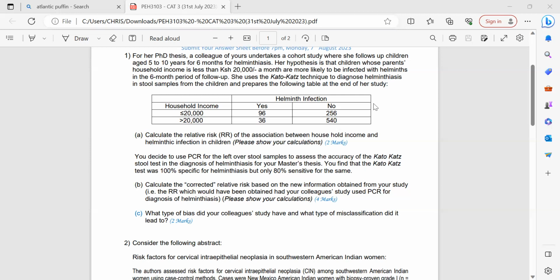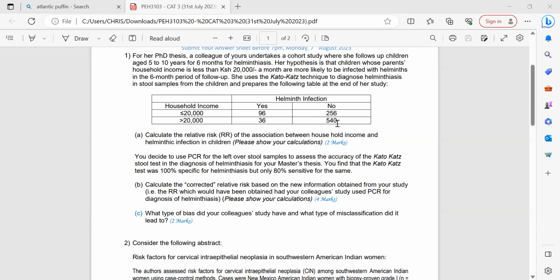So you want to calculate the corrected relative risk. Because now we are told the specificity, meaning the negative part, is 100%.